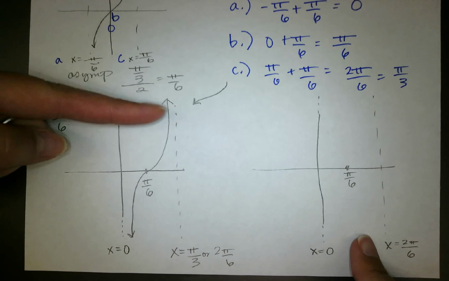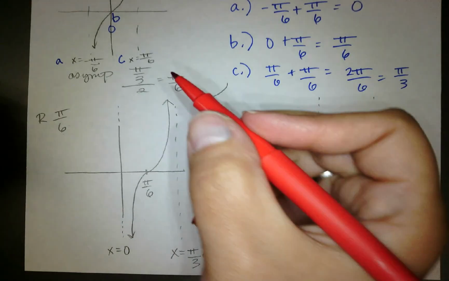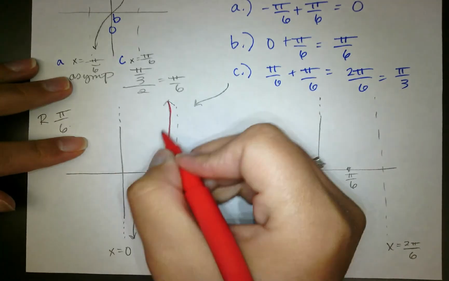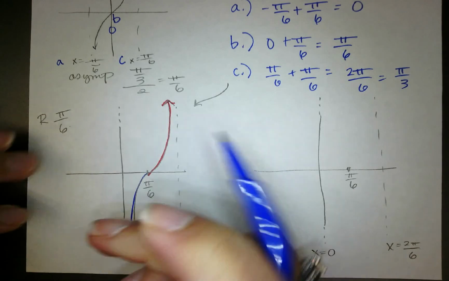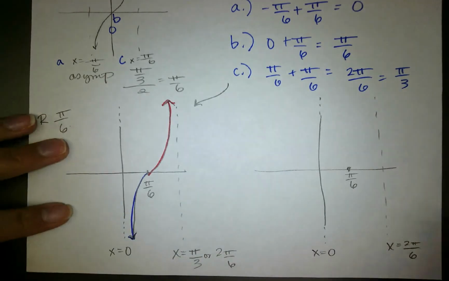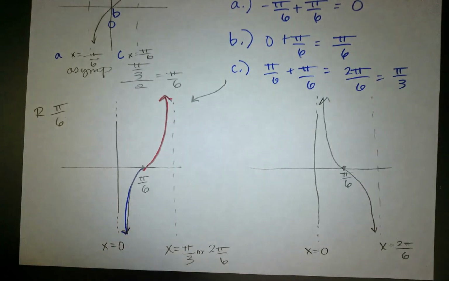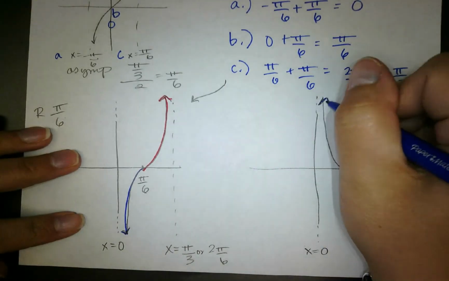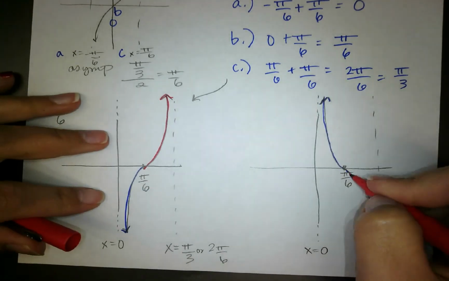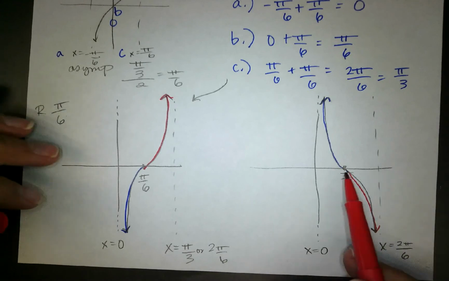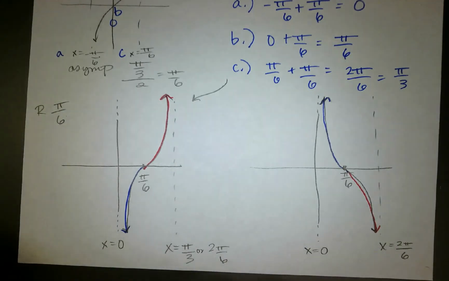So this up part is going to go down here, and this down part is going to go up there. So it's going to do this. So this guy went up, and this guy went down. So you got to label the 3 spots, your intercepts and that middle guy, and that's it. That's all I want for tangent.